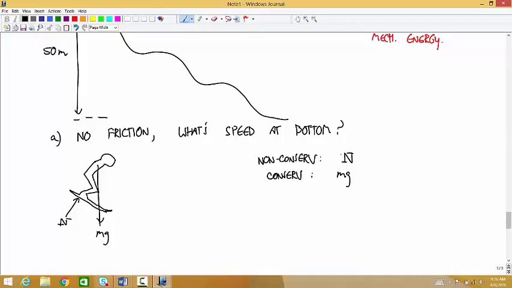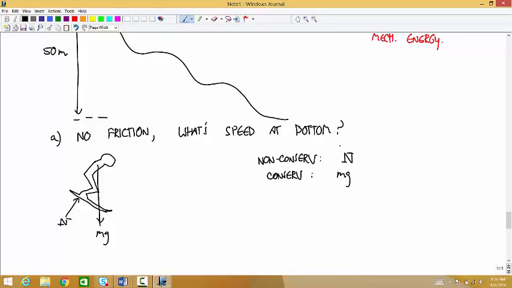Well, there is a non-conservative force, but if you remember last time, even though this force is non-zero, it does no work because it's always perpendicular to the instantaneous velocity. Do you remember that last time I mentioned that any kind of force that's perpendicular to the instantaneous velocity does zero work?